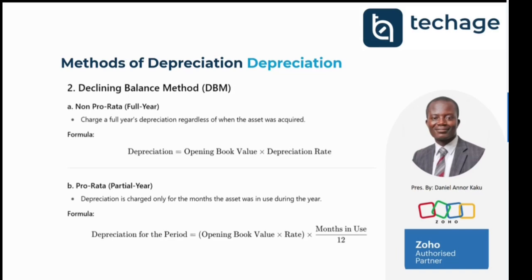So that is how we also calculate when it comes to the declining method. Unlike the straight line method, where it is the full amount divided by the period, the declining method is always going to take into effect the accumulated depreciation. That will give you the net book value of the asset times the rate times the months in use, if it is on a pro rata basis.